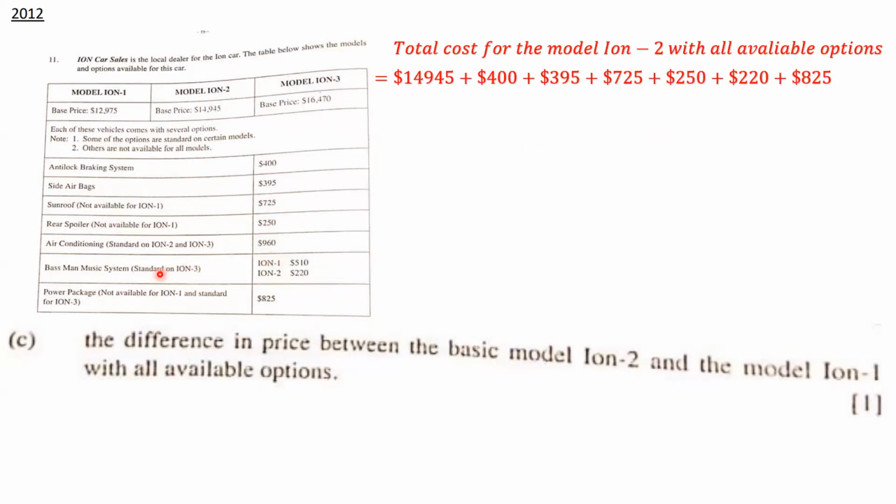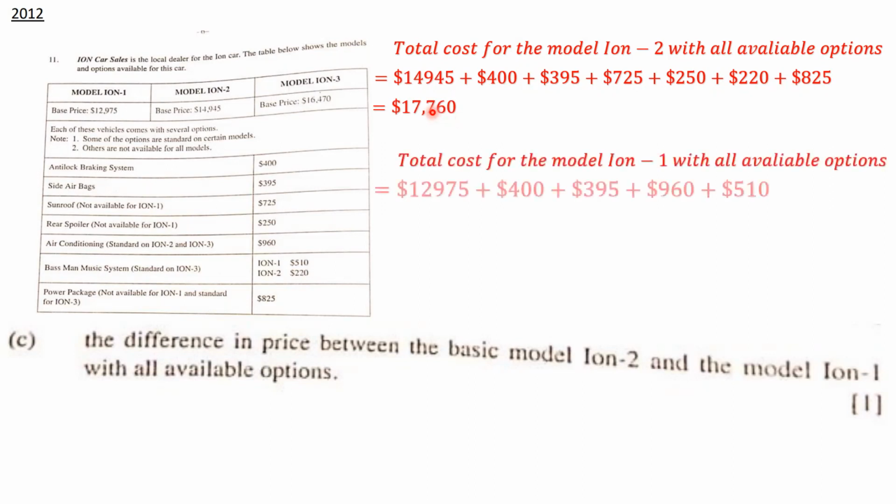And you automatically get air conditioning, so we don't need that. We need a Bassman system, which is $220 right there. And then you need the power package, which is $825. Okay, let's move on to adding them. So we get 17,760.